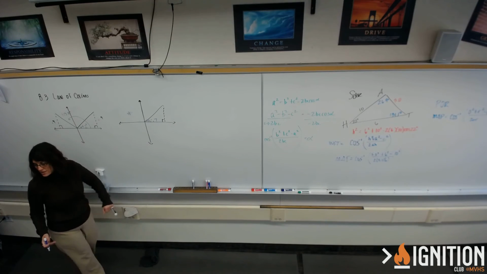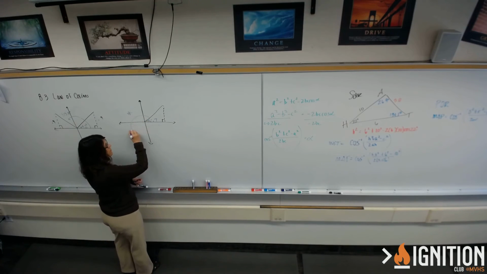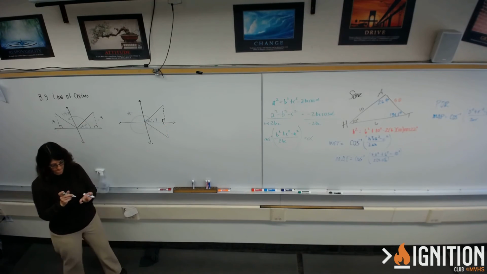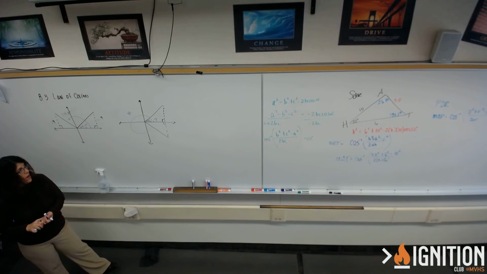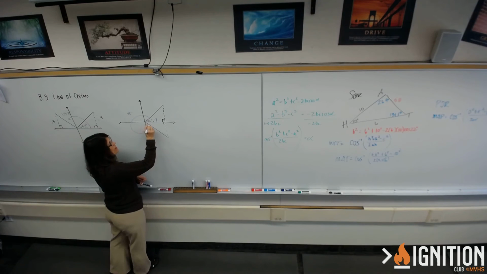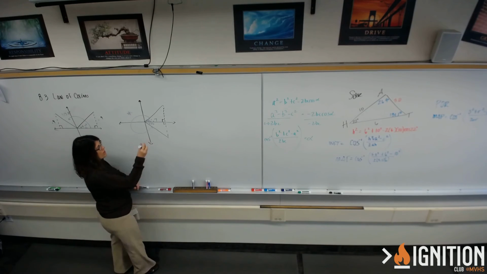Just like sine is positive in two places, first and second, cosine is positive in two places, first and fourth. 45.6 reference. So what is the measure of a 45.6 reference in quadrant 4? 314.4.